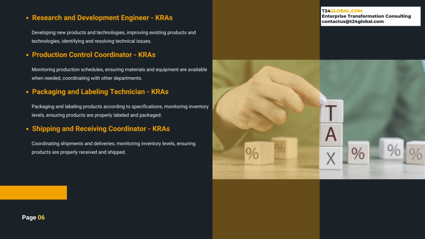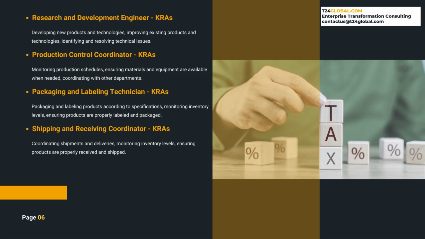People who report to research and development engineers include process engineers and quality control inspectors. Some of the tools and technologies used by research and development engineers include computer-aided design, that is CAD, software, finite element analysis, that is FEA, software, and rapid prototyping tools.